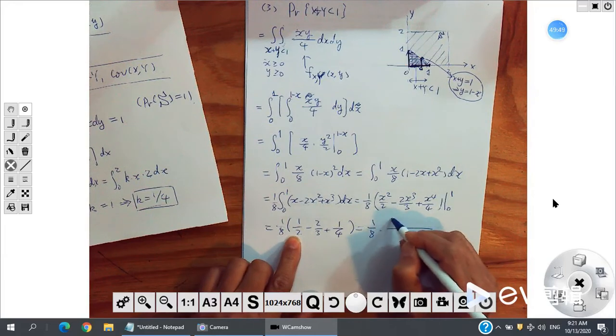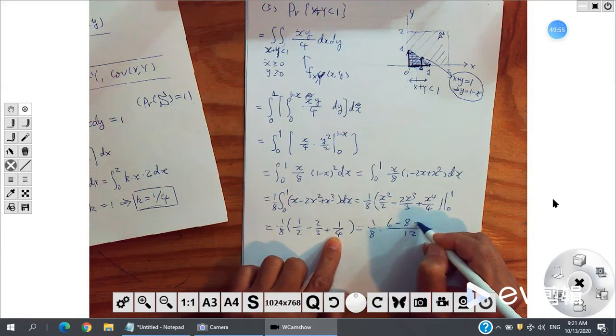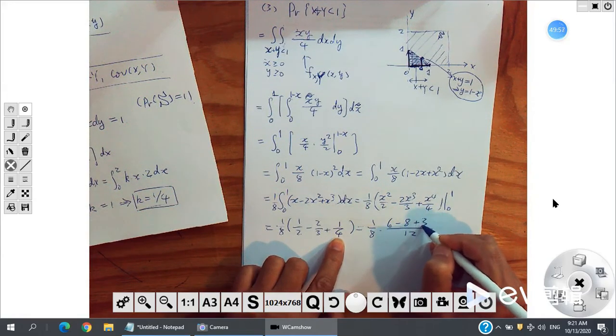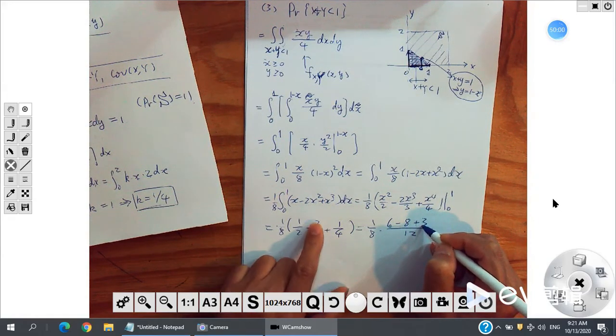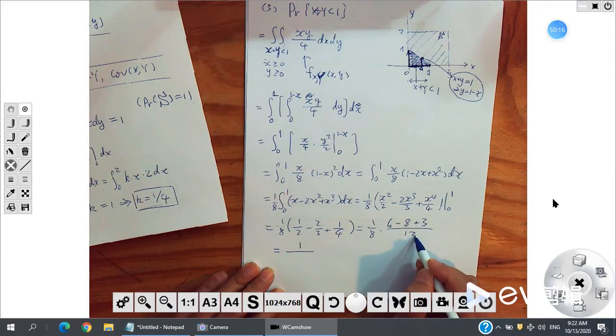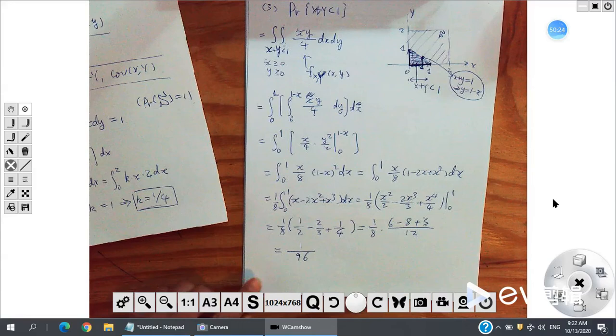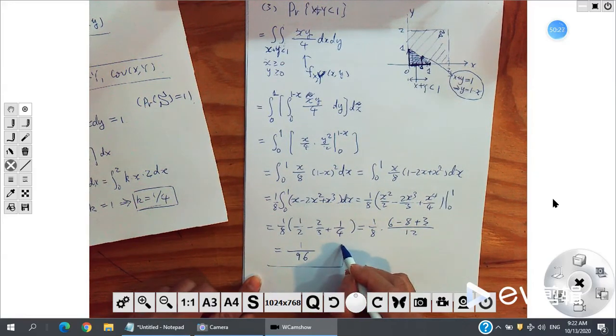So this is 6 minus 8 plus 3. 6 minus 8 is negative 2, negative 2 plus 3 is 1. So the numerator is just 1. The denominator is 12 times 8, which is 96. Oh, it's a very small number. So this one gives us the probability of this event.